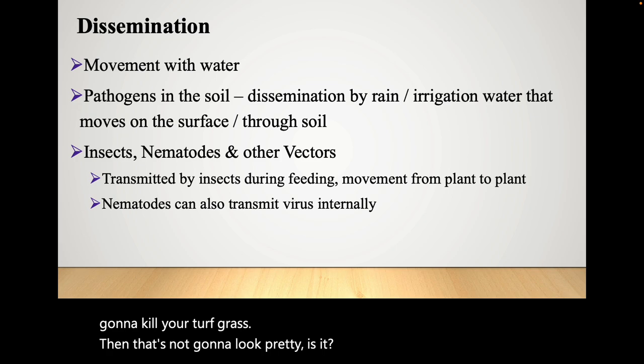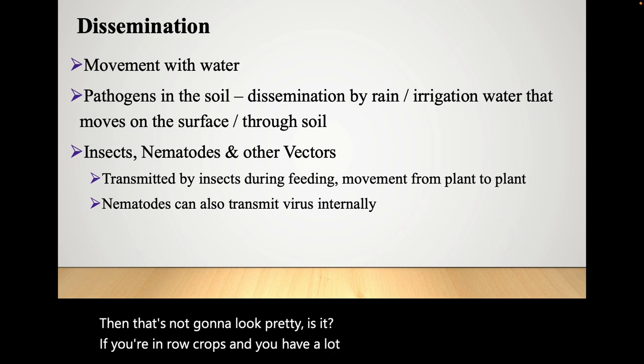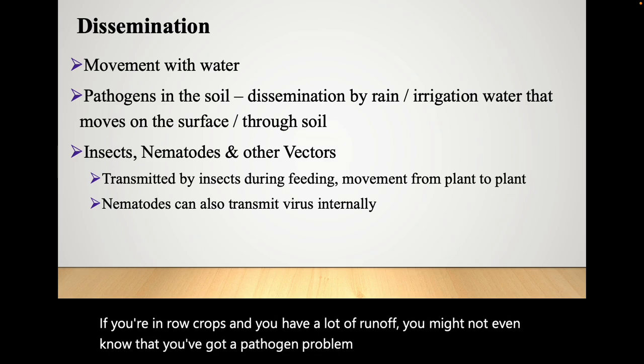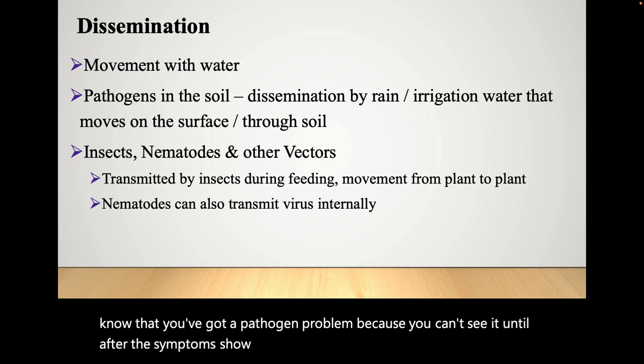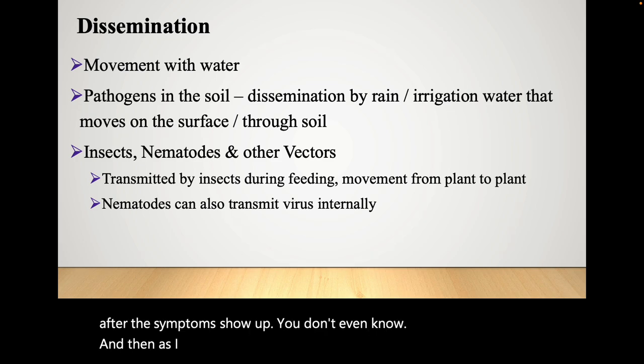If you're in row crops and you have a lot of runoff, you might not even know that you've got a pathogen problem because you can't see it until after the symptoms show up. You don't even know. And then, as I mentioned, insects and nematodes and other vectors.